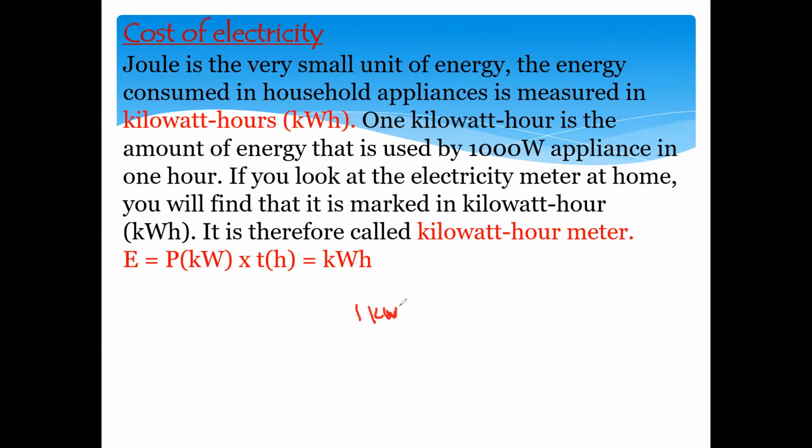So 1 kilowatt hour has a certain cost. For example, it can be 0.3 cent. So if 1 kilowatt hour is 0.3 cents, and we are consuming for example 20 kilowatt hours of energy, how much does it cost? It will be X.